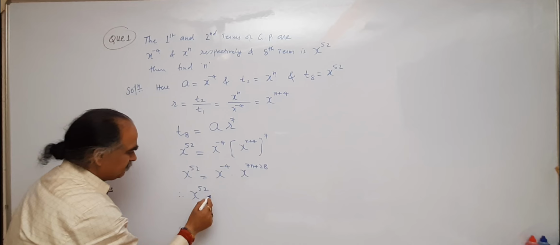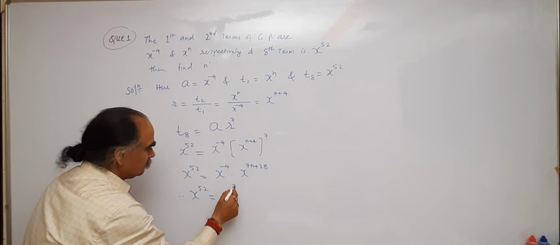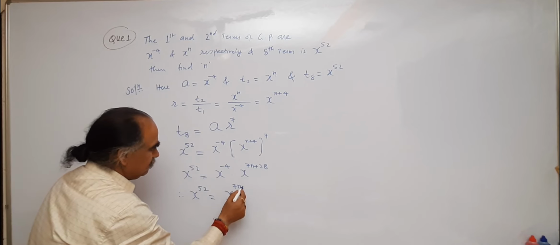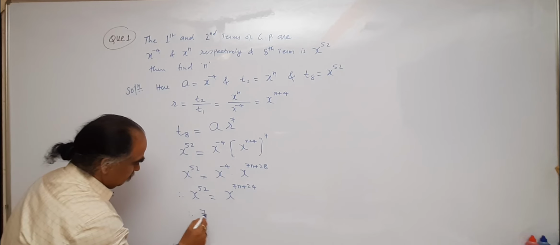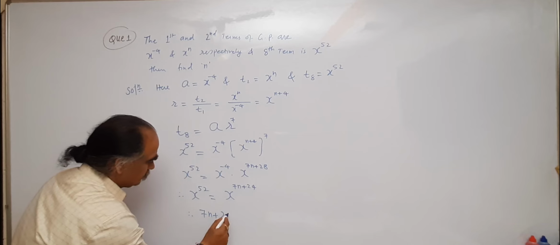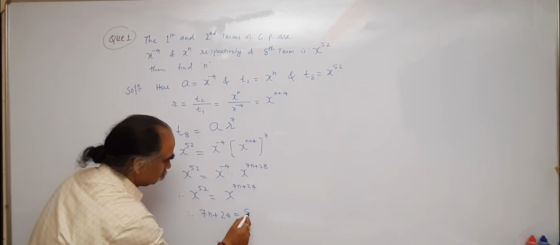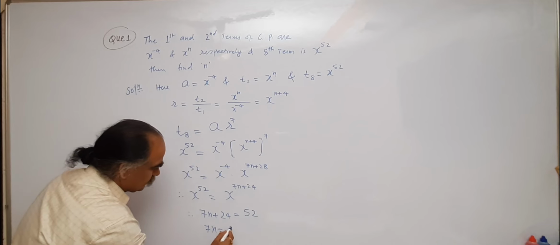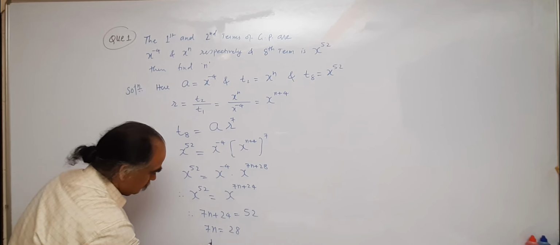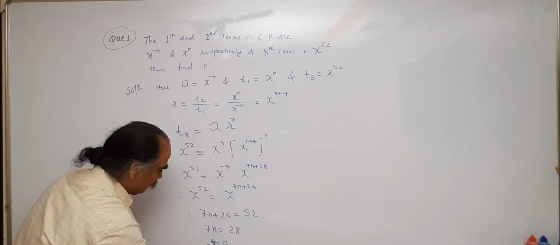So x raised to 52 is x raised to 7n plus 24. Therefore 7n plus 24 is 52, so 7n is 28. n will be 4.